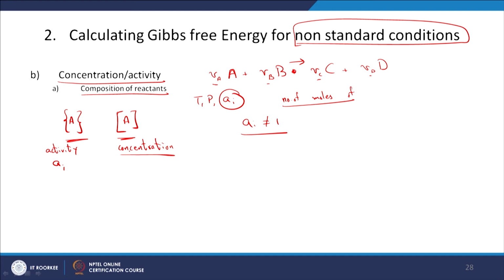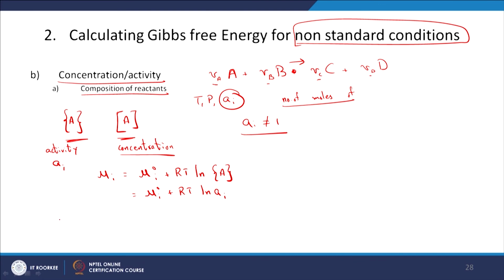In general we are going to look at the chemical potential of a particular compound. At non-standard conditions it is obviously equal to mu i naught plus RT natural logarithm of the activity of compound i, or compound A. For the sake of writing it down in an easier form, we are going to use this and go ahead.